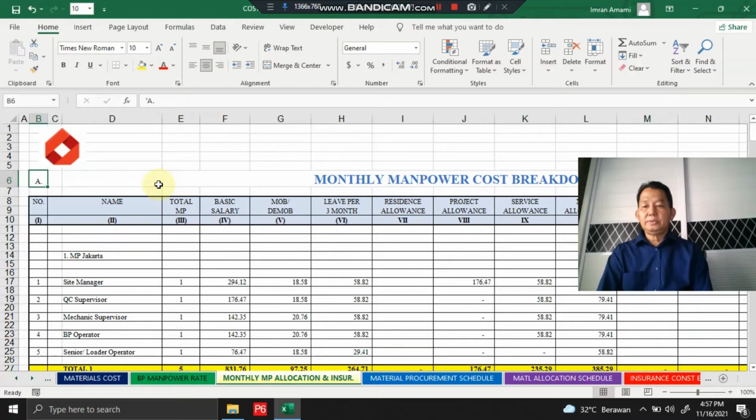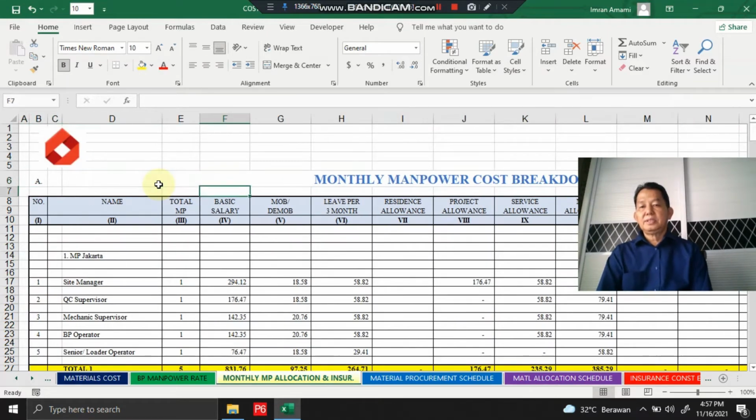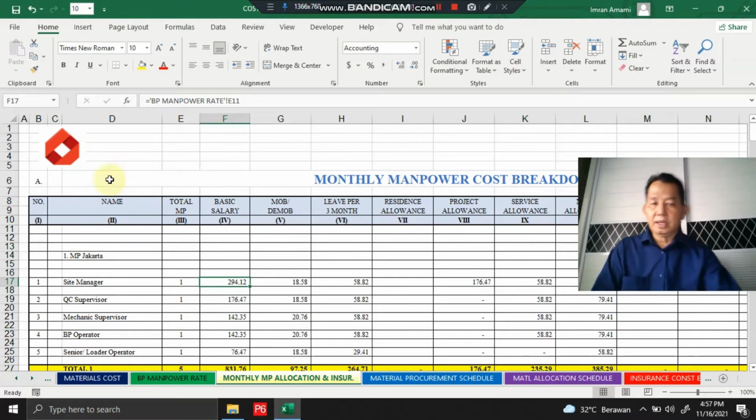Based on the bid plan manpower rates, we calculate the monthly manpower cost breakdown. Yes, this is based on the basic salary that we composed in the previous sheets here.